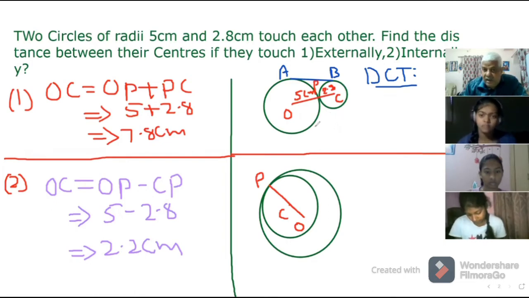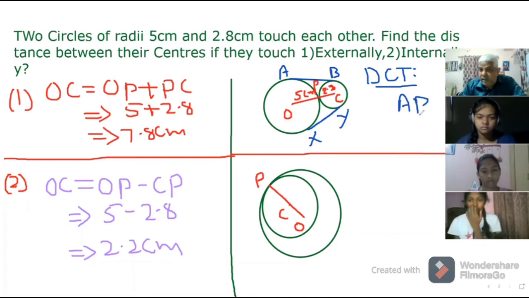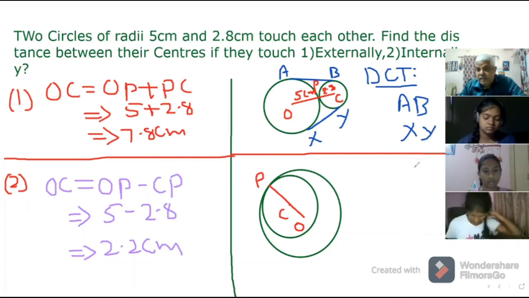Not only one, another also we can construct. This one also, named X and Y. Here AB as well as XY are considered direct common tangents.